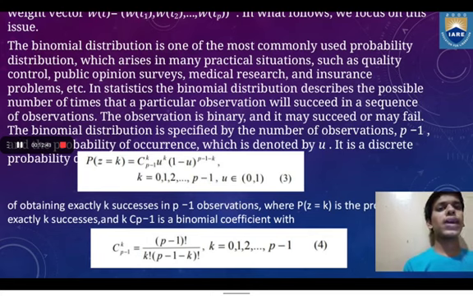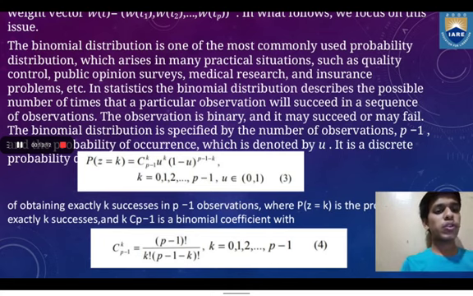In this vector, the binomial distribution is one of the most commonly used probability distributions, which arises in many practical situations such as quality control, public opinion surveys, medical research and insurance problems, etc. In statistics, the binomial distribution describes the possible number of times that a particular observation will succeed in a sequence of observations. The observation is binary and it may succeed or may fail.